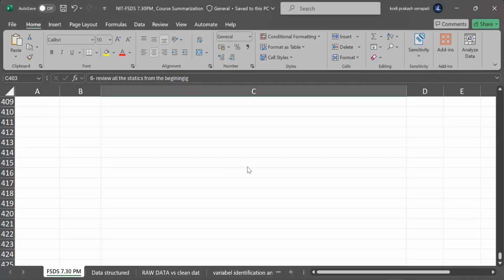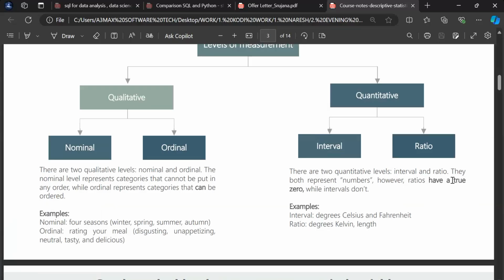Ratio, but before that, let's go ahead. There are two quantitative types, interval and ratio. For example, Celsius, Fahrenheit for interval; for ratio, degree Kelvin, length. They both represent numbers. Very simple. Quantitative represents numbers. Qualitative understand as category. So ratio has a true zero.